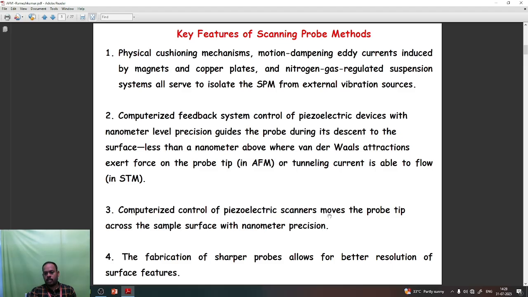The piezoelectric scanners will move the cantilever tip over the sample surface, and the clarity of the image depends on the sharpness of the cantilever tip. So the fabrication of sharper probes allows for better resolution of surface features.